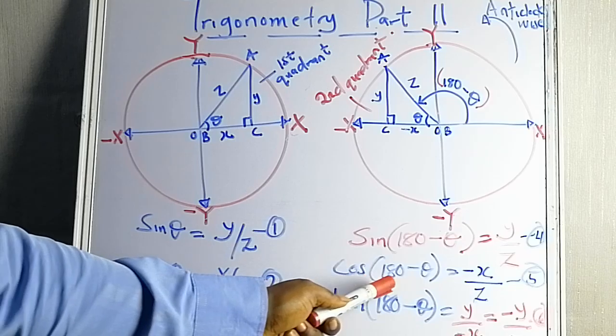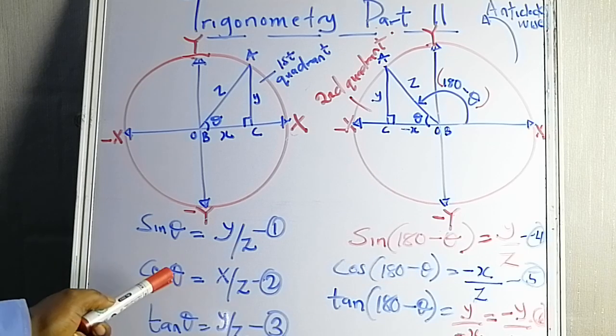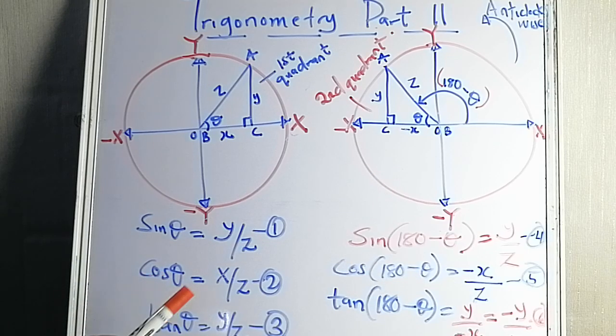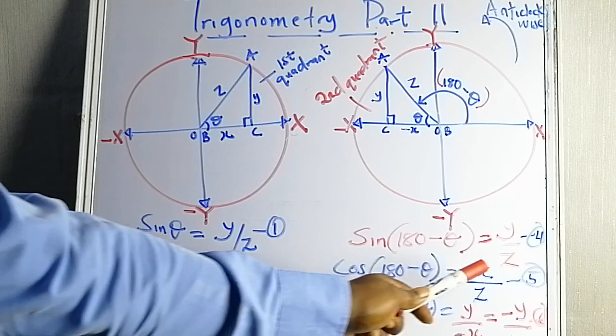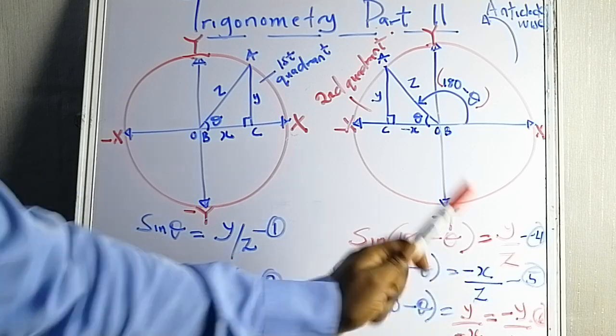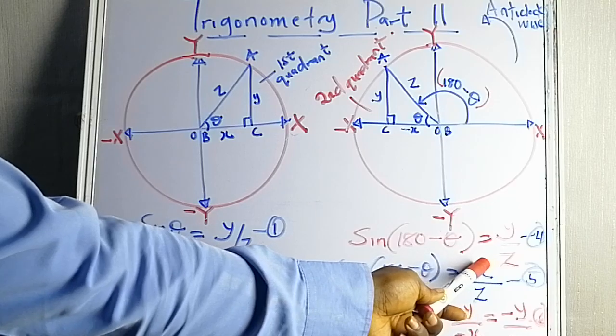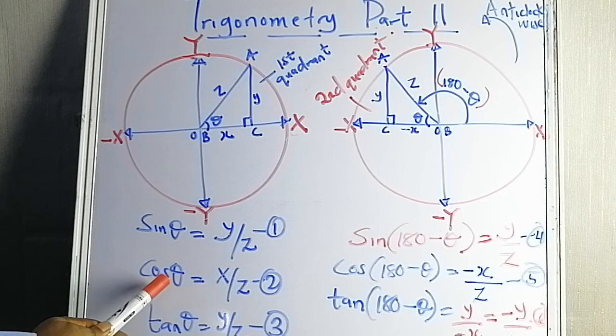So cos 180 minus theta is equal to minus cos theta, because you have x over z, and the only thing different is the minus. So instead of writing x over z, I can write cos theta. Very simple.